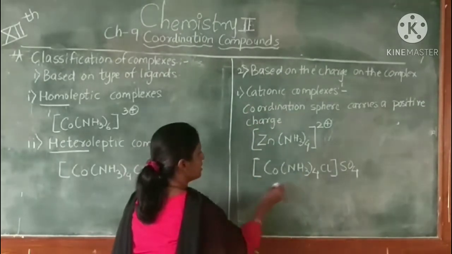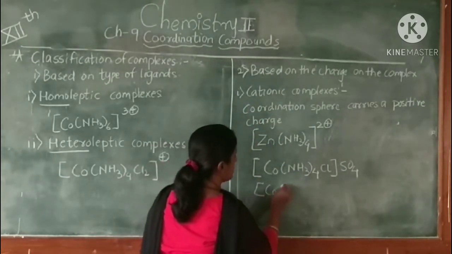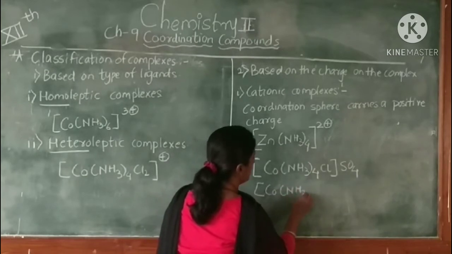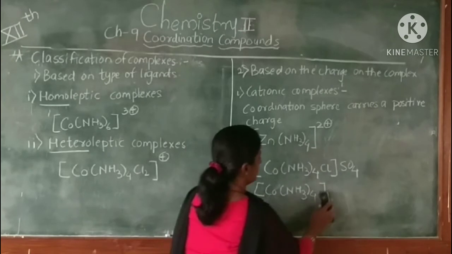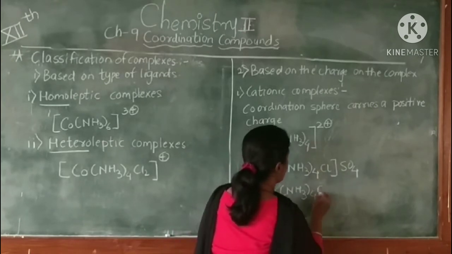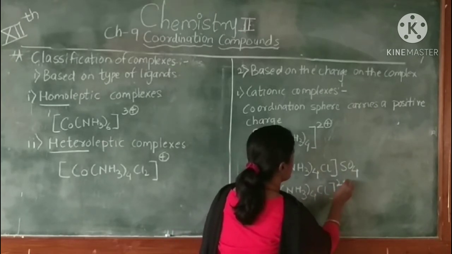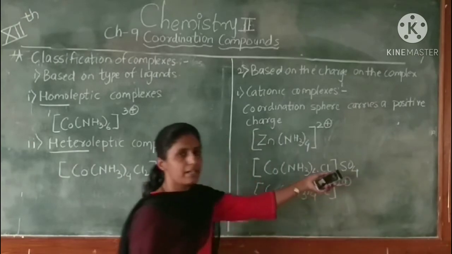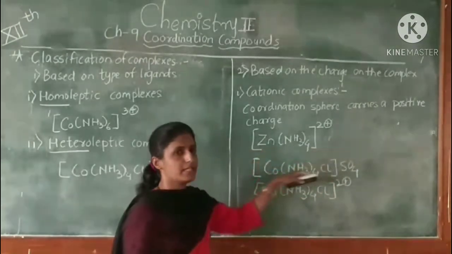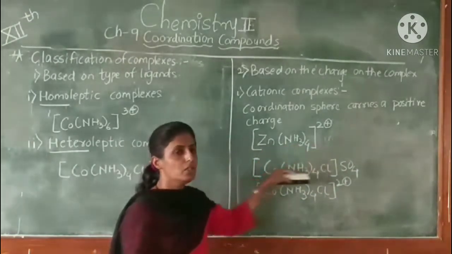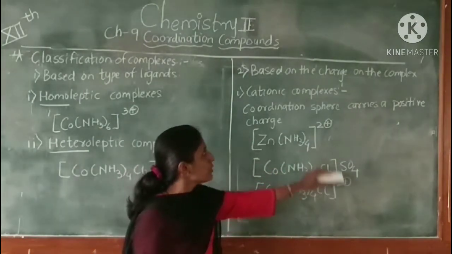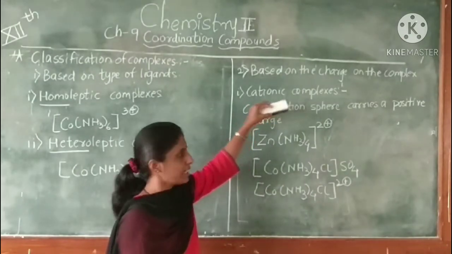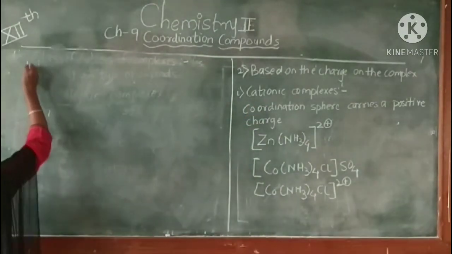This complex is carrying a +2 charge, which is satisfied by the sulfate. So the whole molecule is neutral, but the coordination sphere of the complex is carrying a positive charge, so it is called a cationic complex.